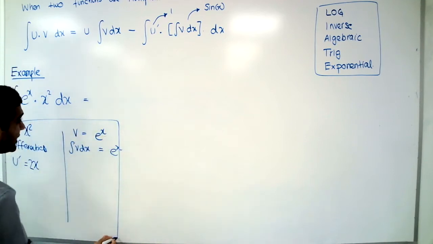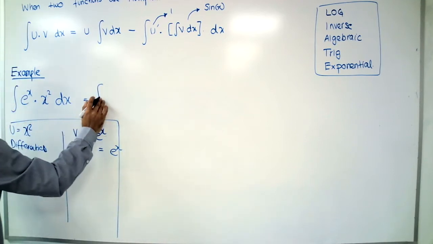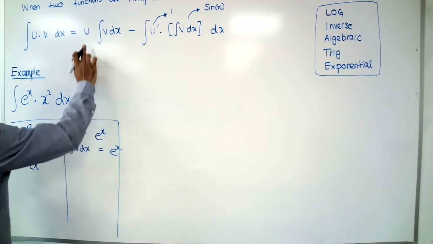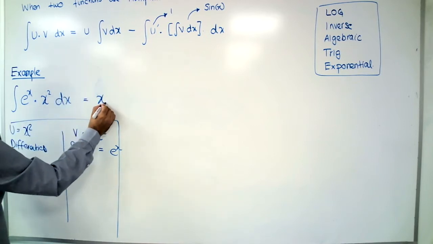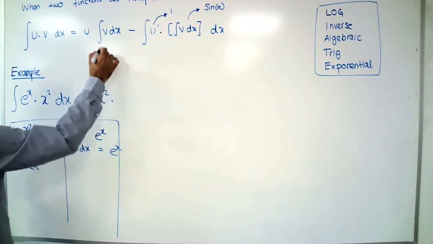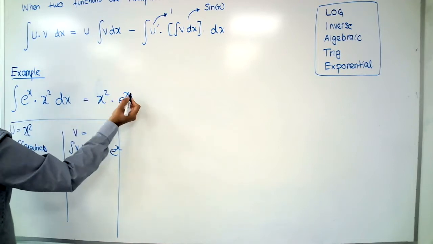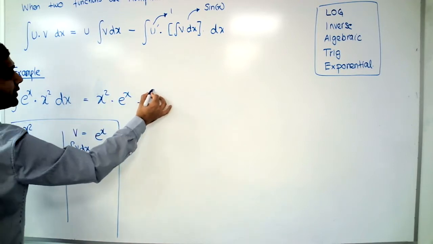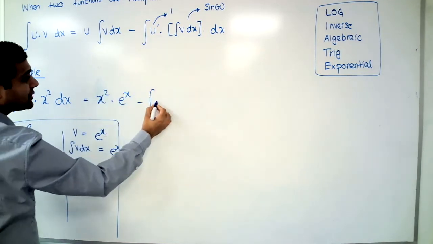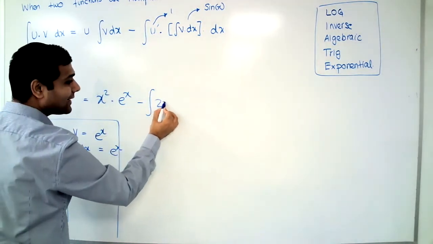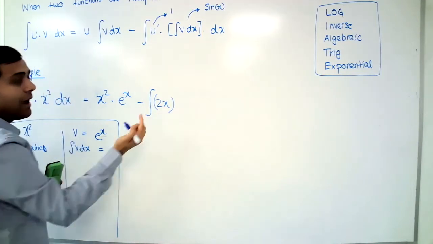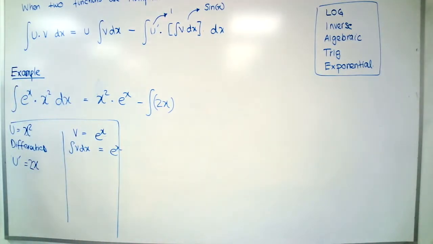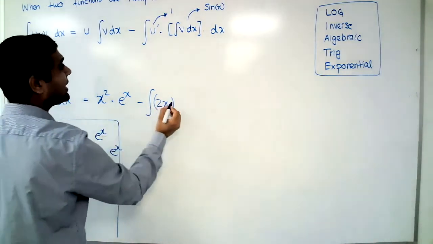Now let's put that one here. Let me just put the boundaries. What's the u? X squared. And this thing is e to the x. That's fine. Minus, what is the u dash? 2x. I can write the 2x here like that, or I can bring the 2 outside, much easier, but we do that in the next step.